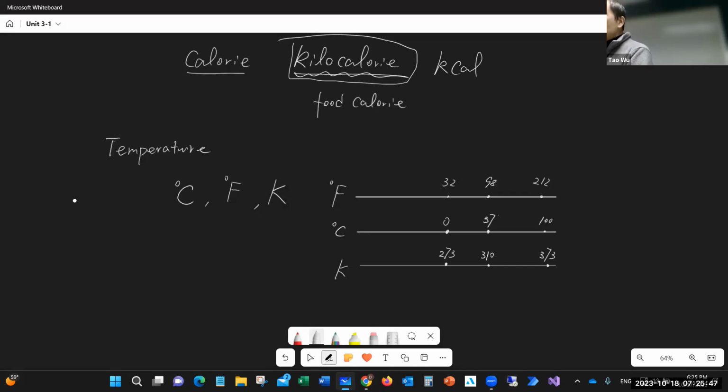And these all have a zero, but the zero for Kelvin is called absolute zero. Absolute zero is the ideal temperature, which means no temperature can actually reach absolute zero.